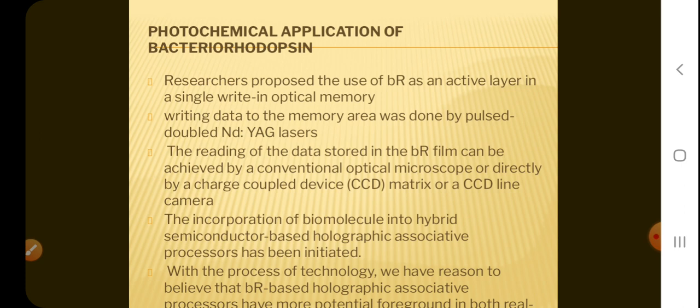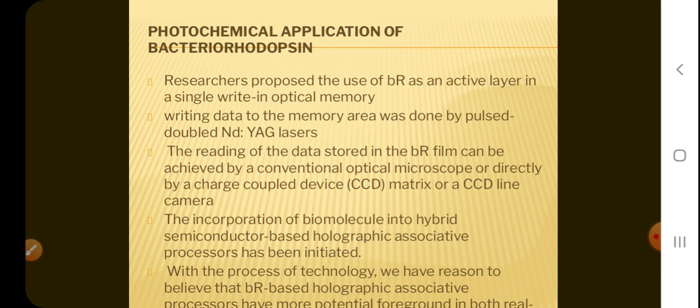The reading of the data stored in the BR film can be achieved by a conventional optical microscope, or directly by a charge-coupled device, CCD, or a CCD line camera. So the laser is used to write the optical memory, and you are using a CCD matrix to read the data present in the BR active layer.